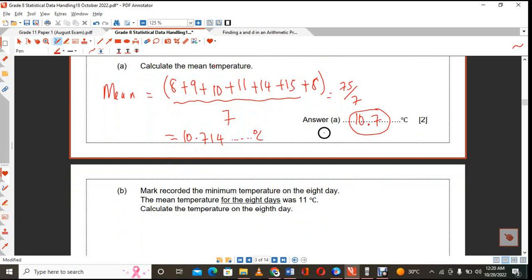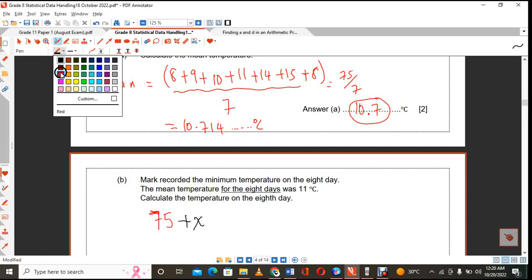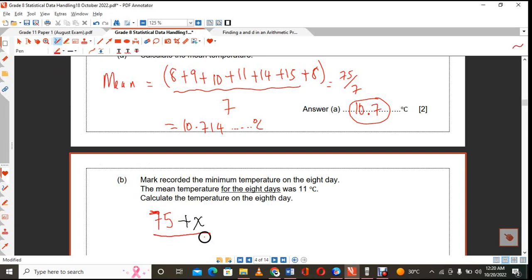Part B. Mark recorded the minimum temperature on the 8th day. Okay, what do we know? We know that the 7 days, the sum of all of them is 75. The 8th day, so we're going to say, okay, we don't know what the temperature on the 8th day will be, but if we add the temperature of the 8th day, which means now everything is over 8, we get a mean of 11.